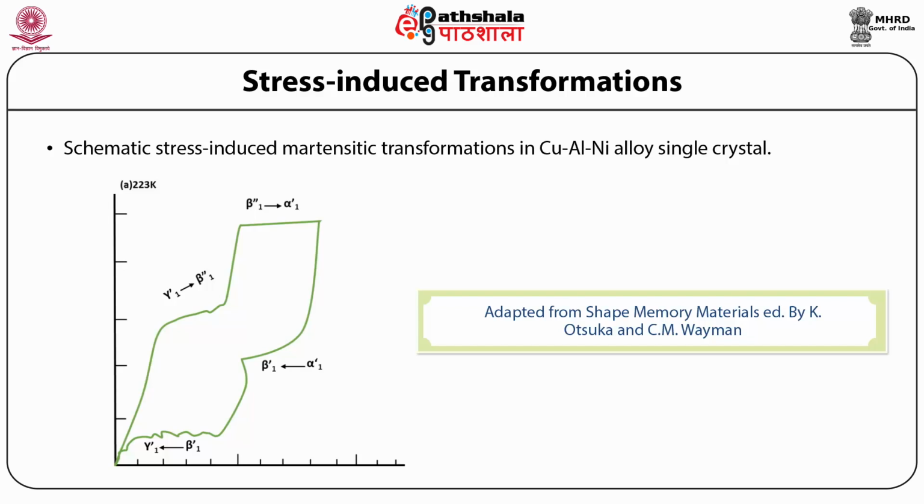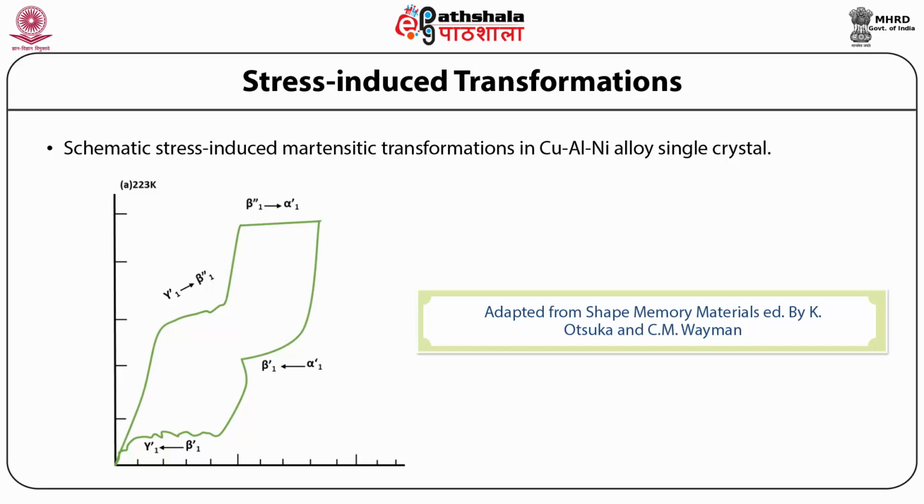At a particular stress, the transformation begins from gamma 1 prime to beta 1 double prime, and this is evident from the change in the slope of the stress strain plot at this critical point. This system is interesting because beta 1 double prime is an intermediate martensitic structure and the final structure is alpha 1 prime.